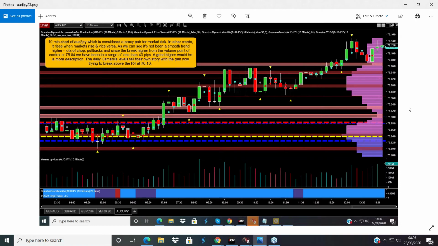We also know it's going higher because we have indicators that we've developed in Quantum, apart from the forex specific ones, indicators that help us with support and resistance. The lines that you see here, this on NinjaTrader is called the accumulation distribution indicator.